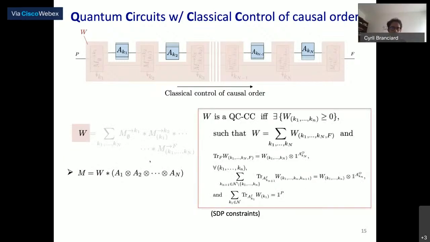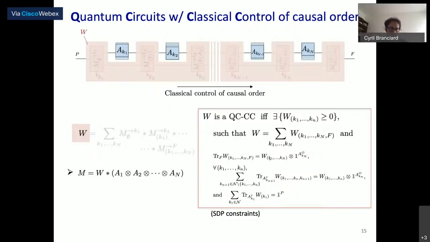And as before, we had this characterization of quantum circuits with a fixed causal order, which was written in terms of SDP constraints. What is nice is that here, also for this class of quantum circuits with classical control, we still have a nice, well, maybe not so nice, but we still have an SDP characterization.